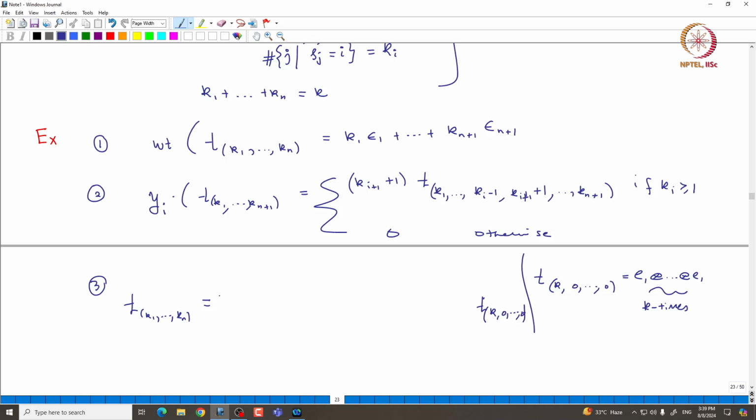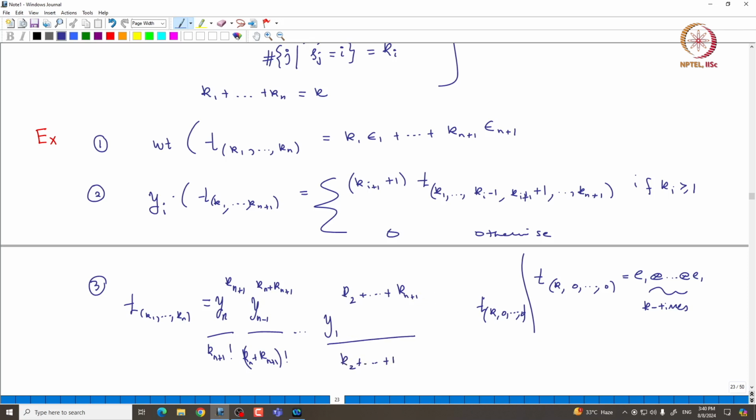Exactly, you will be applying y_n to the power k_{n+1} divided by k_{n+1} factorial, then y_{n-1} to the power k_n plus k_{n+1} divided by the factorial of that, and so on, y_1 to the power k_2 plus etc. plus k_{n+1} divided by the factorial of that.